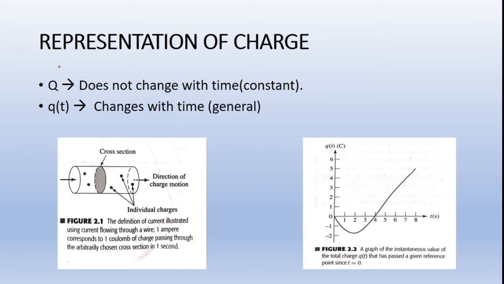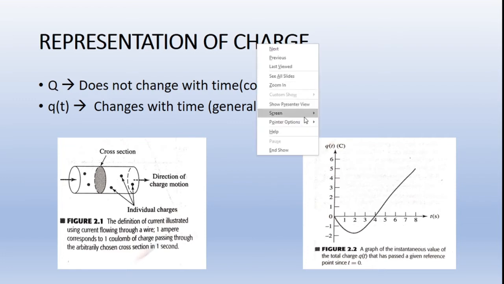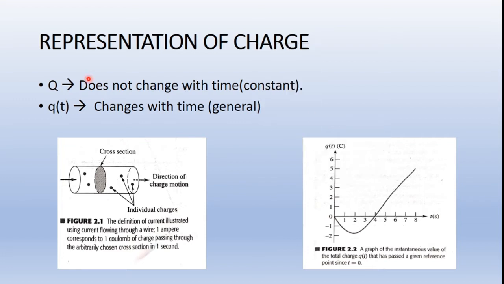And we also have charges that change with time. That we represent as Q of t. If a charge does not change with time, we represent that with capital Q. Examples of these are your voltage sources like a battery or power bank which do not change with time. Whereas if a charge changes with time, when it starts to flow, your voltage gets reduced, your charge level gets reduced. That we call a time variant quantity because it varies with time.